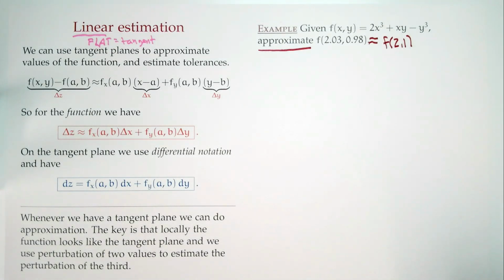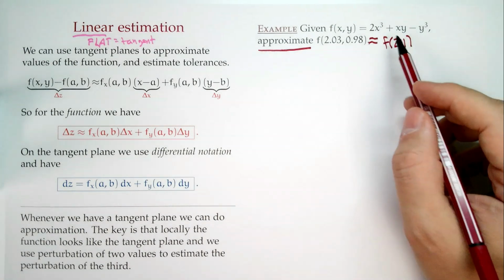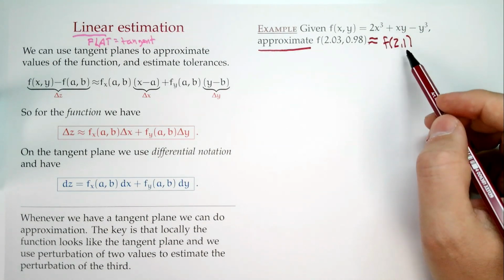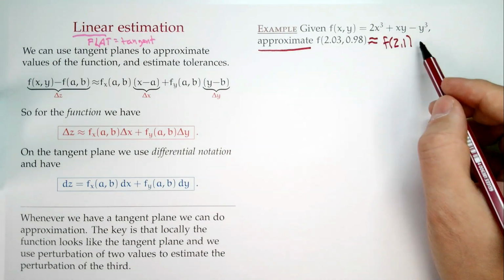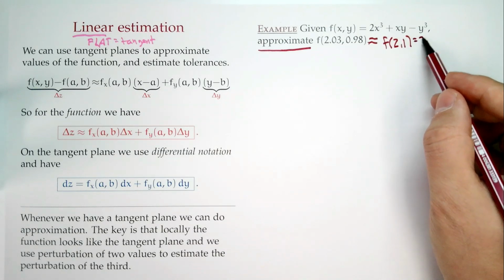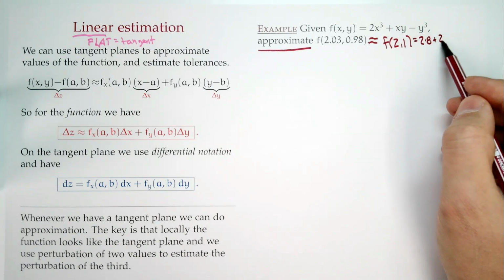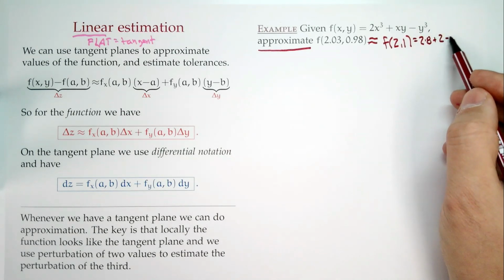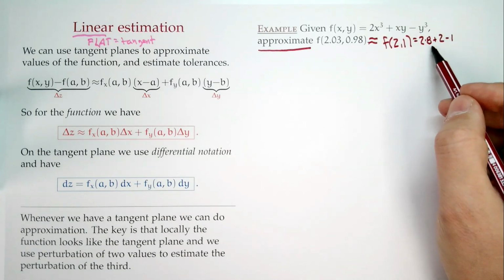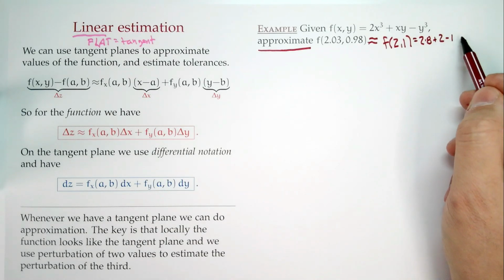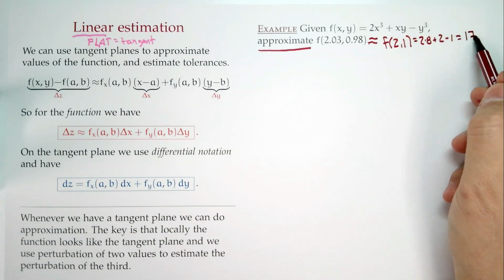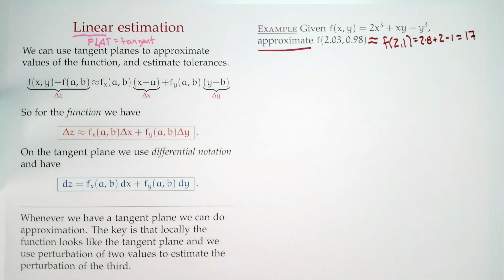Plug in x equals 2, y equals 1. 2 times 2 cubed, that would be 2 times 8. And we have 2 times 1, which is 2, minus 1 cubed, so minus 1. So that's 16 plus 2 minus 1, which is 17. So 17 is an approximation. But can we do better? And the answer is, of course we can.